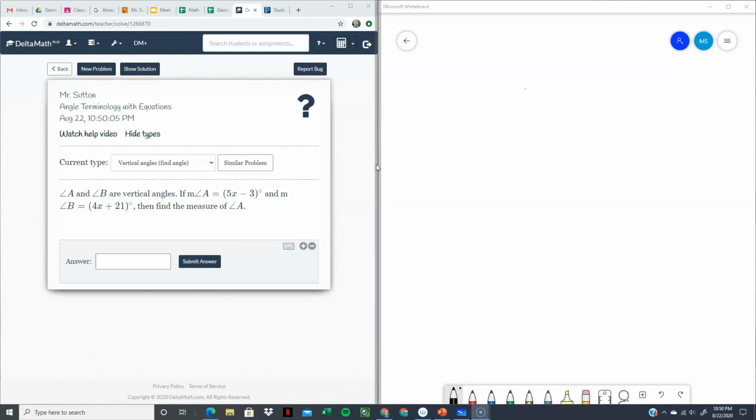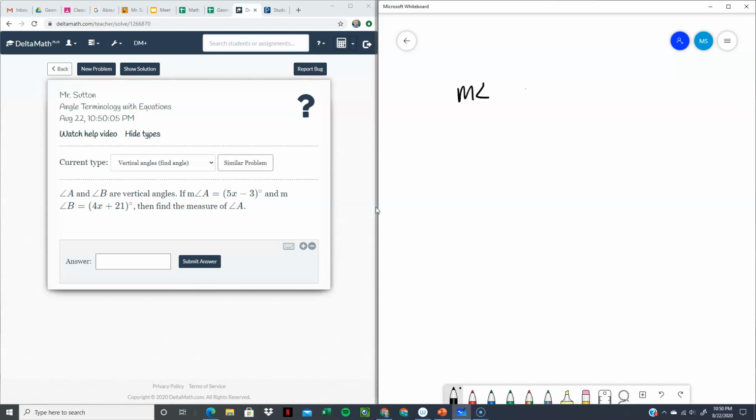Here's one on vertical angles. So angle A and angle B are vertical angles. If the measure of angle A is 5x minus 3 and the measure of angle B is 4x plus 21, find the measure of angle A. So the key information here is that they're vertical angles, so we know they are equal to each other, like we talked about.